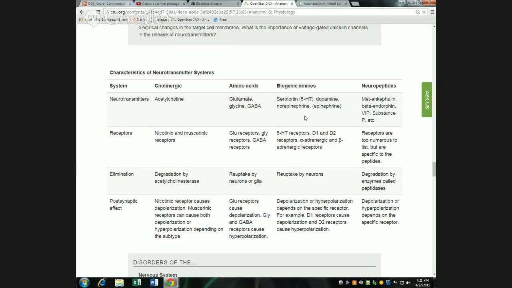And then the nor on the beginning of the word is just a chemical difference between those. I have epinephrine in parentheses there because epinephrine isn't really a neurotransmitter. It's a hormone, but it's very closely related to the neurotransmitter norepinephrine. In fact, the only difference is epinephrine has an extra carbon added to it.